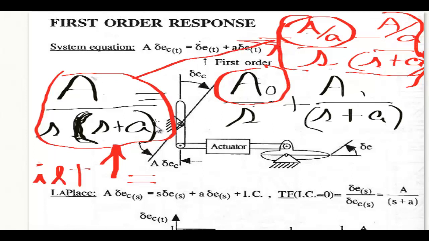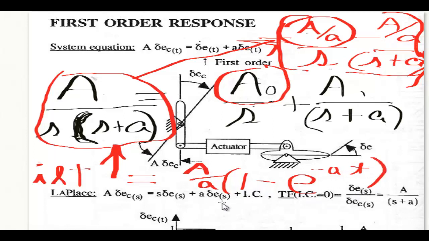Therefore, the inverse Laplace of the transfer function, using the relationship we just developed over here, is going to be equal to capital A over little a times 1 minus e to the minus at.